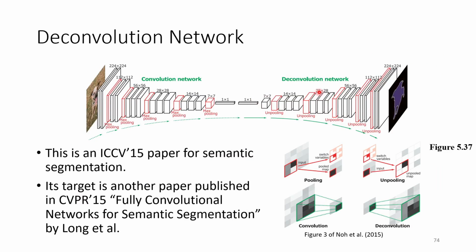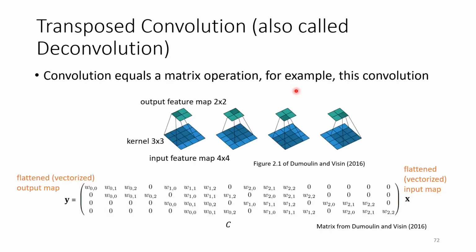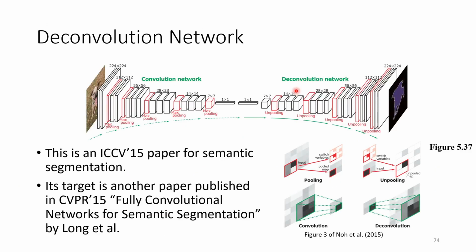And why can they introduce the deconvolutional network? Because the transpose convolution was released a few months earlier. So somebody developed the transpose convolution, and they applied the new technique to their network to solve the problem.